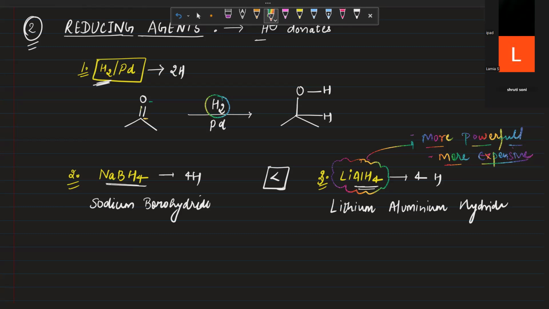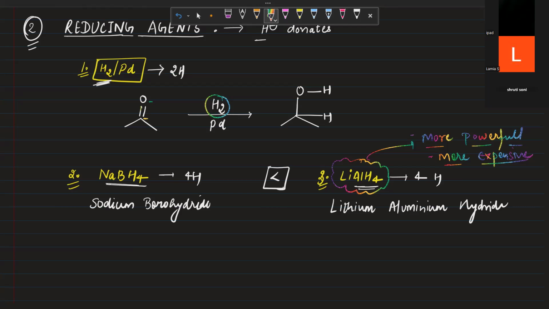It would attach to each double bond. So hydrogen will attach to a double bond. That's the only thing.